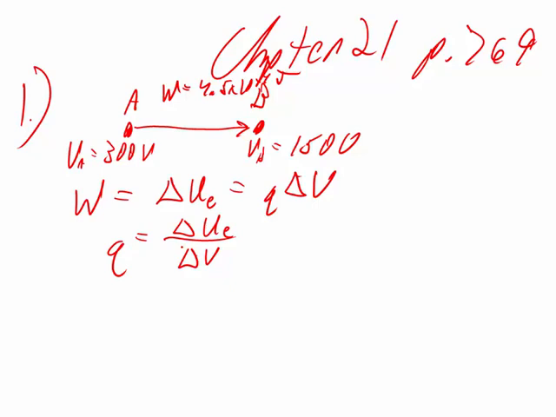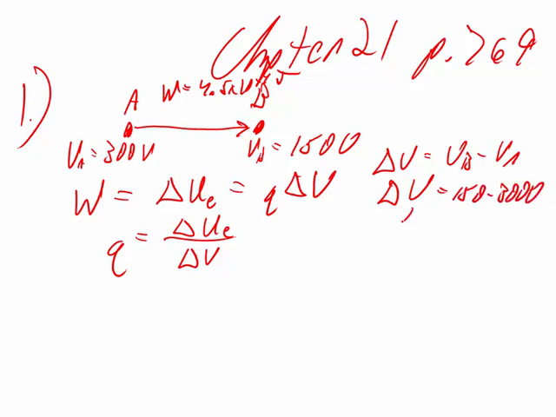What is our delta V? Delta V is VB minus VA, which is 150 minus 300. So delta V is equal to negative 150 volts.